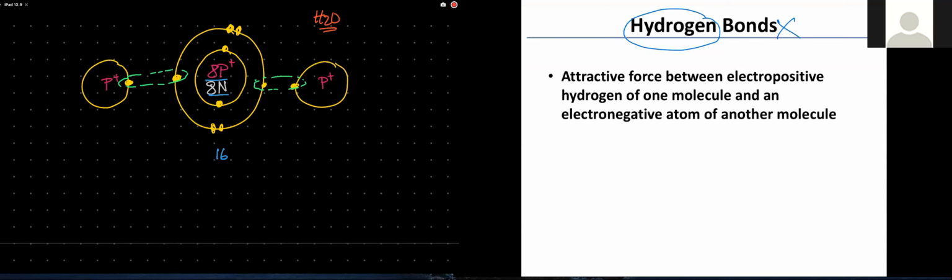How about the mass number for the hydrogen? It doesn't have neutrons, it has only 1 proton. So what is my atomic mass? Atomic mass is 1.